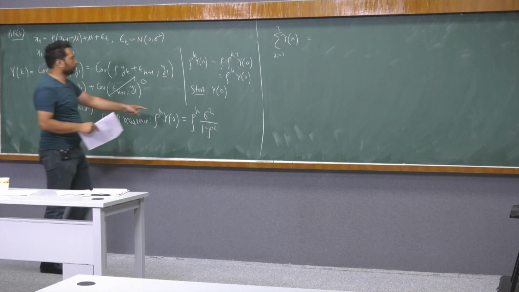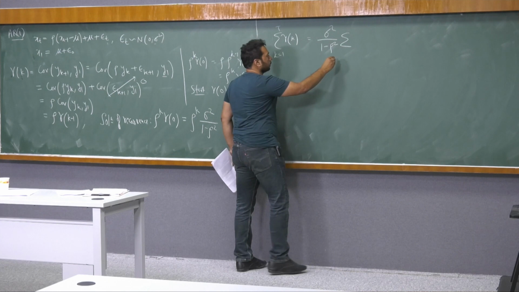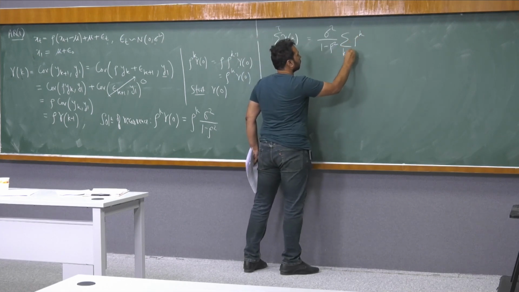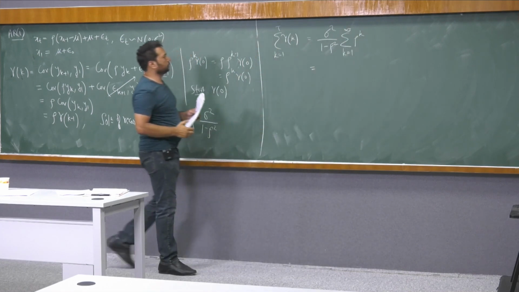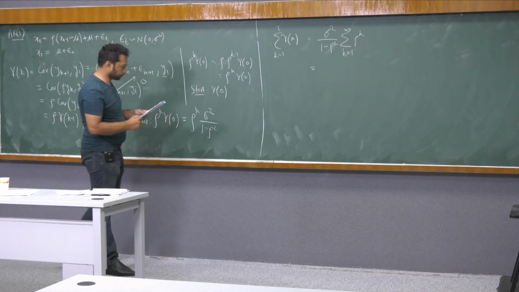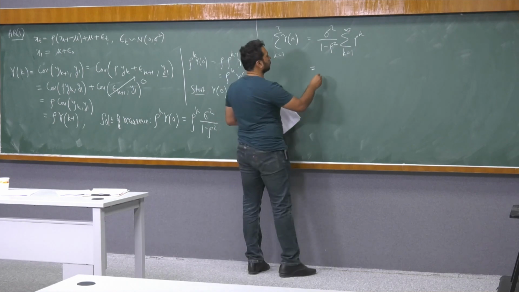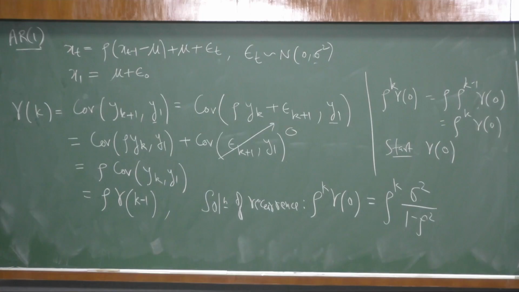So this boils down to basically the constants come out, rho square by 1 minus sigma square, and this is the sum of rho^k, k equal 1 to infinity. So this is basically a power series, and if the mod of rho is less than 1, then this will be less than infinity.